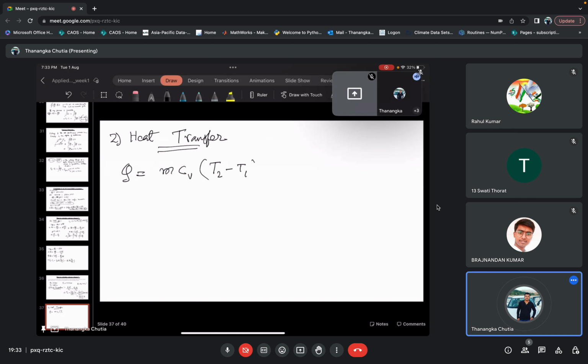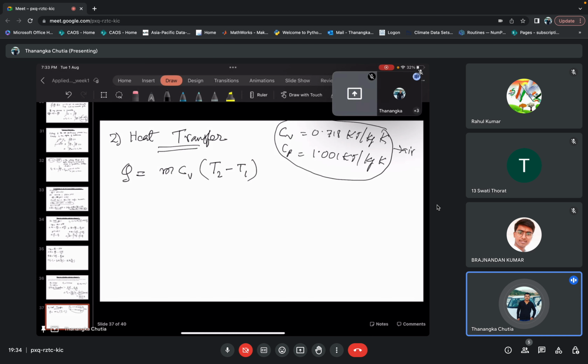Now this is air, so you have to keep in mind some values even if they are not given. Cv for air is 0.718 kilojoule per kg Kelvin, and Cp for air is basically 1.001 kilojoule per kg Kelvin. These may not be given in all the questions.